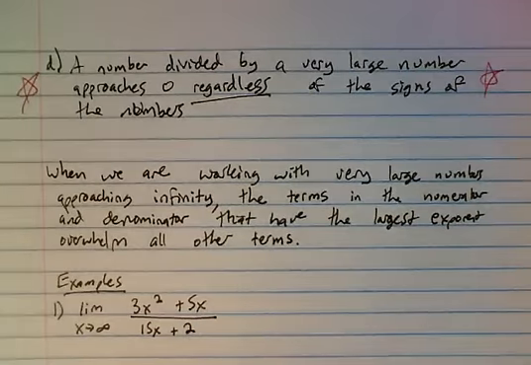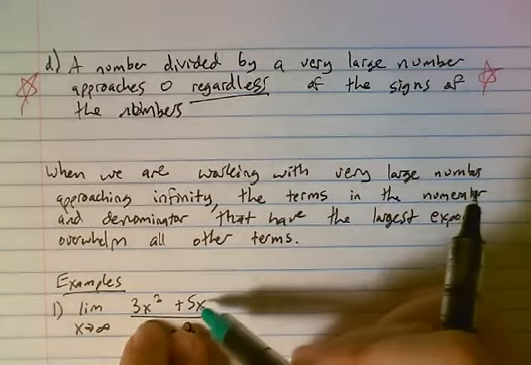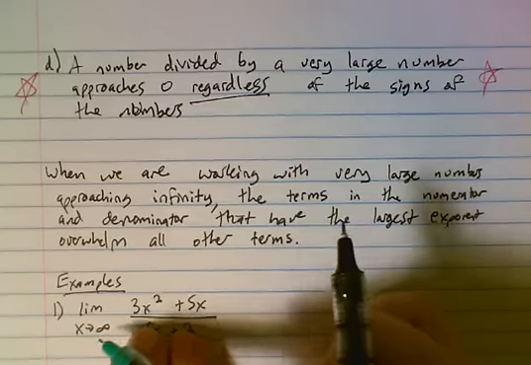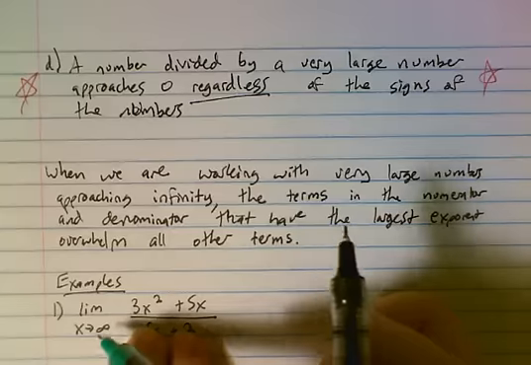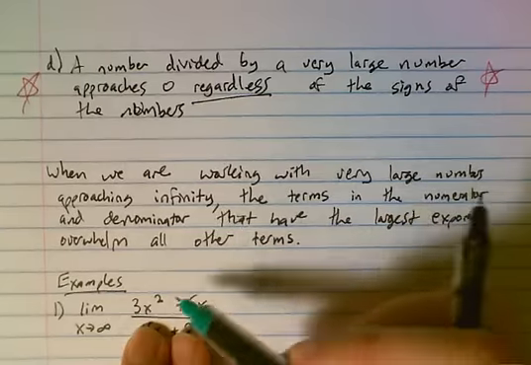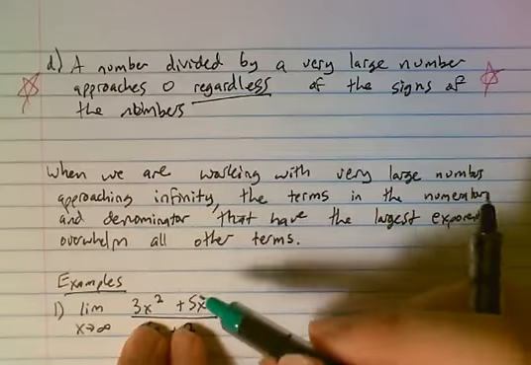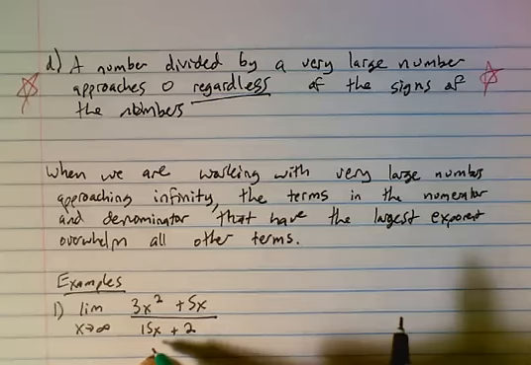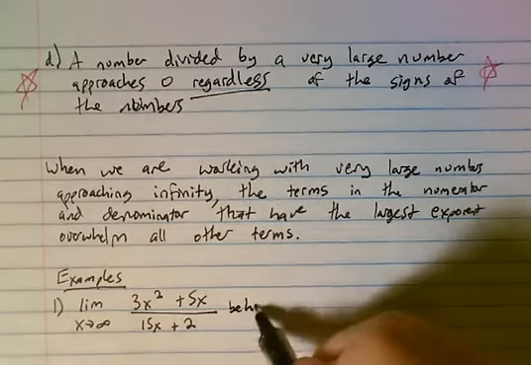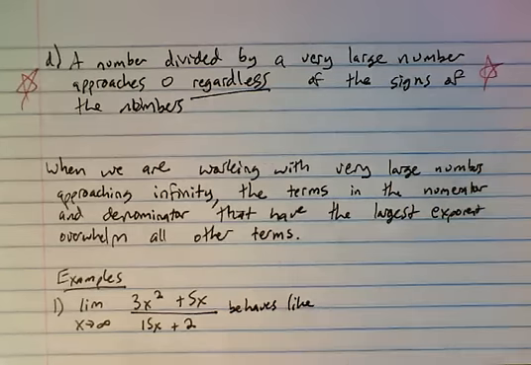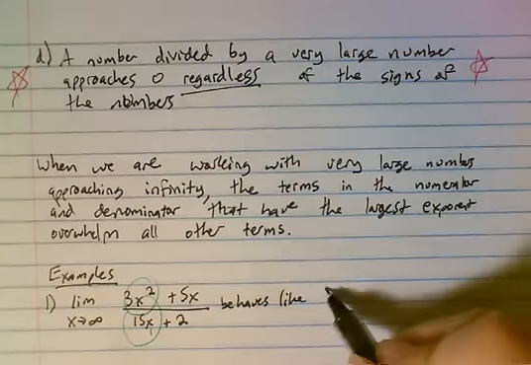And what we were just talking about is saying that when we look at this 3x squared plus 5x, if we're dealing with numbers like 100 million, a quadrillion, a billion, billion, billion, closer and closer to infinity, this square term is so huge that we can basically ignore the 5x. The same thing here. This term gets so huge that we can basically ignore this too. So this behaves like, I'm just going to circle those big exponents.